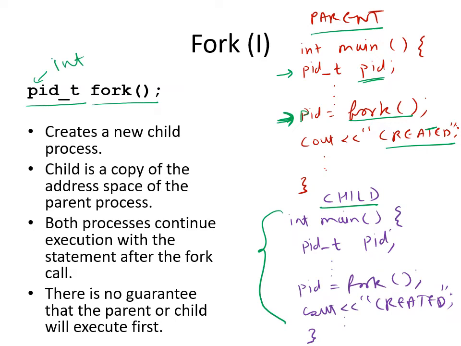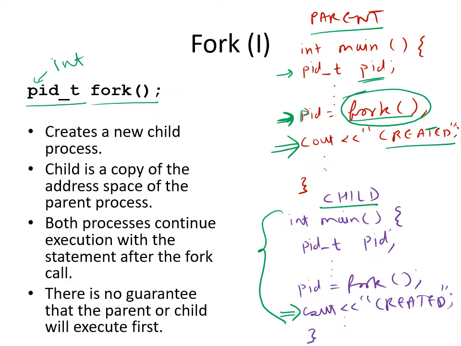However, after creation, the child process does not start executing from the beginning. It won't start over. The child process was created as a result of this fork system call. So after the execution of this fork system call, both the child as well as the parent will start executing from the line immediately after the fork system call, which is basically this line, cout. So the parent will execute the cout and the child will also execute this cout statement following the fork statement.